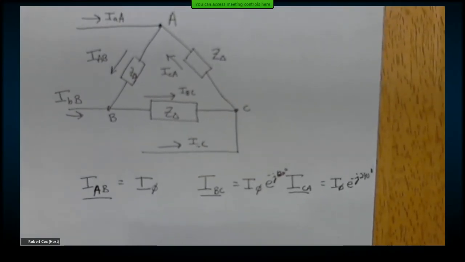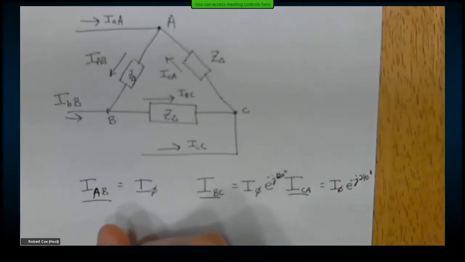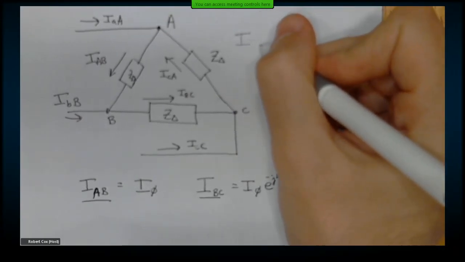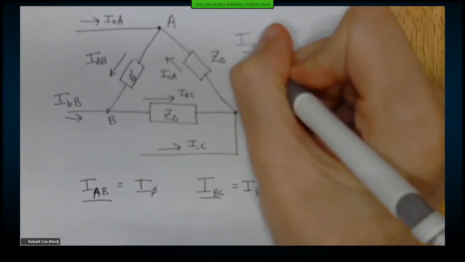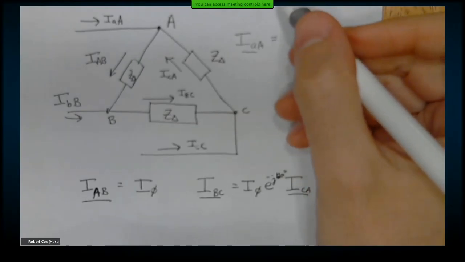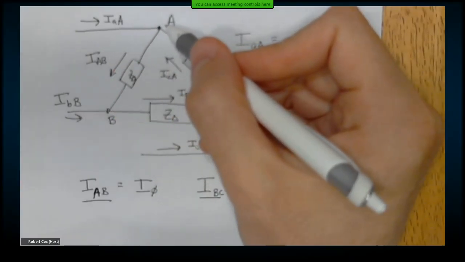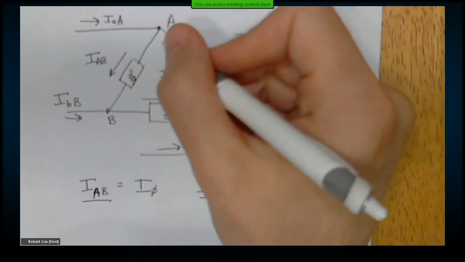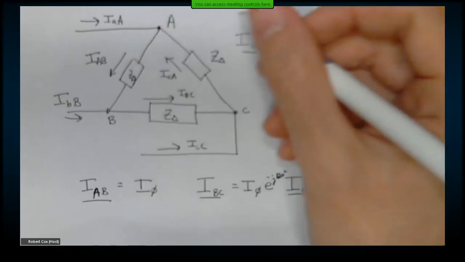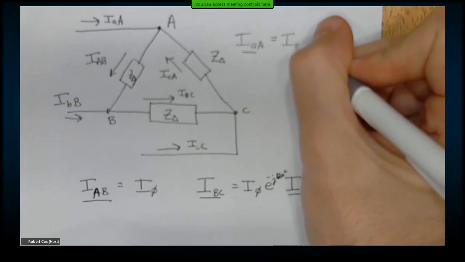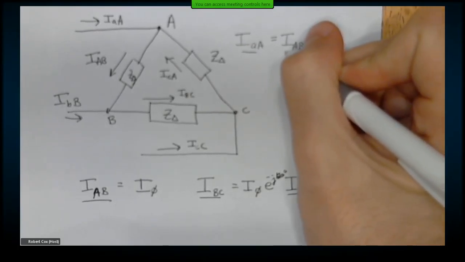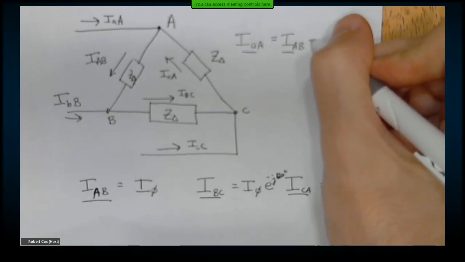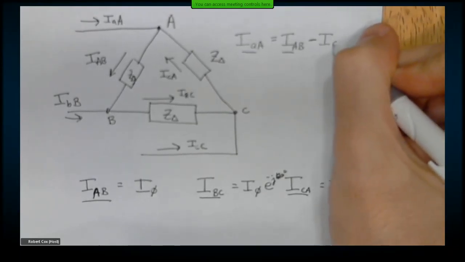How could I do that? By KCL, if I look at this picture, IA, what's that going to be equal to? This current enters this node, and then this current leaves it, and this current here enters it.